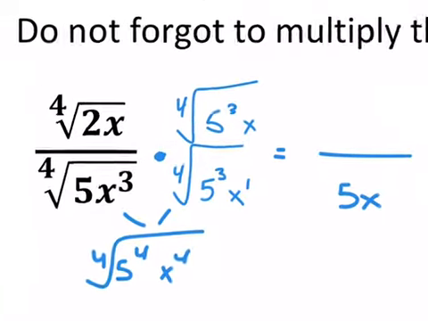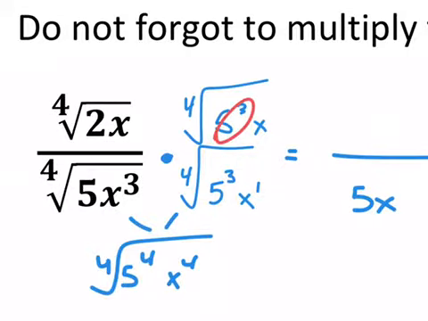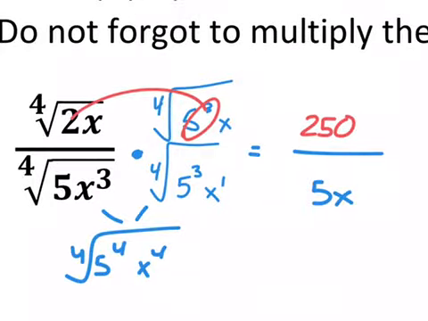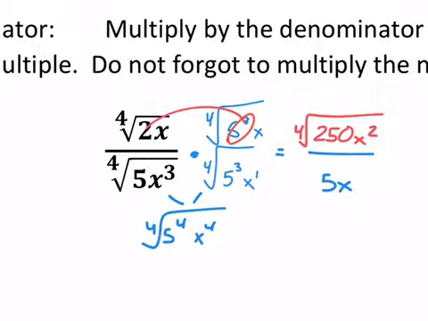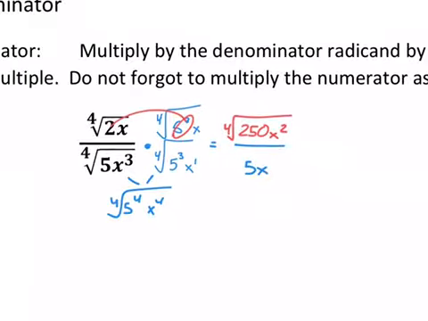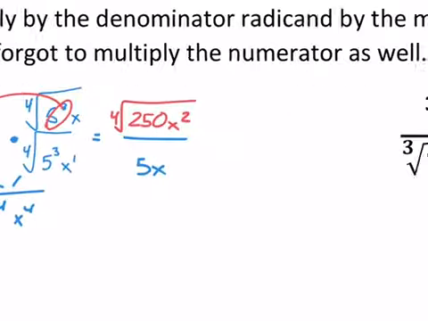And then up top, I'd have the 5 cubed, 125 times 2 would get us to 250. And then x times x is x squared. All that stuff's still under the 4th root, though. And then that one would be finished. There's no 4th roots in 250.